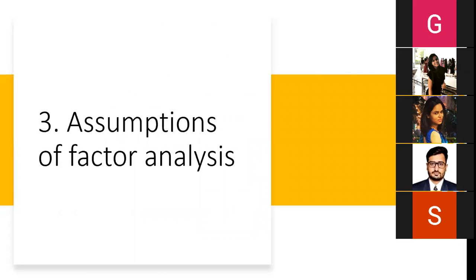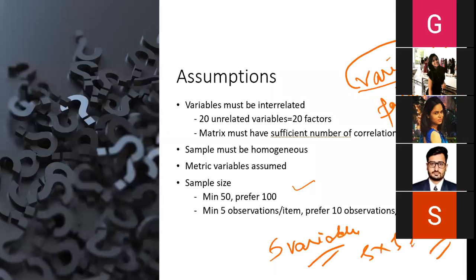Okay, next we discuss the assumptions of factor analysis. So what are the assumptions of factor analysis? Variables must be intercorrelated, or there must be correlation between these variables. Sample size should be more than 100 or around 100.